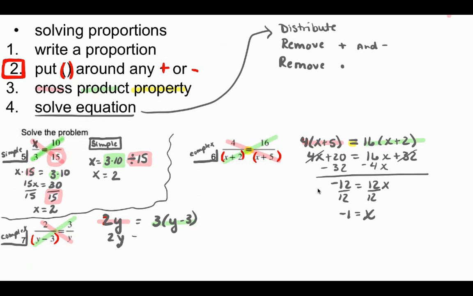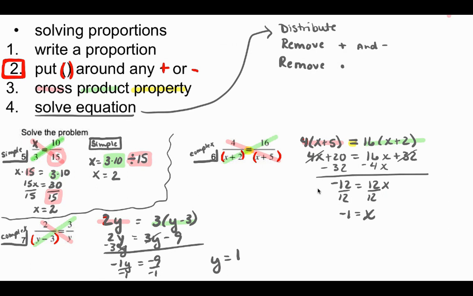Distribute, so 2y equals 3y minus 9. To remove the subtraction, I'm actually going to subtract the 3y. So this is going to be negative 1y equals negative 9. And when I divide by negative 1, y equals 1.